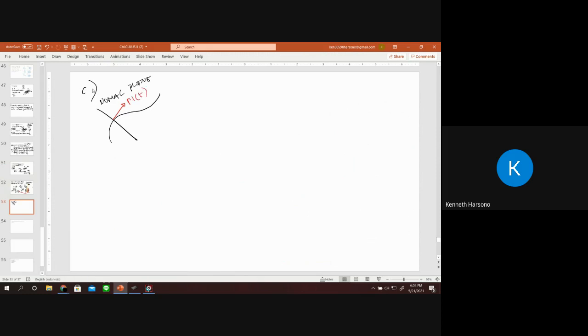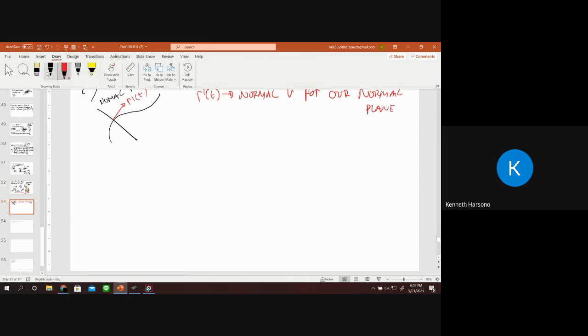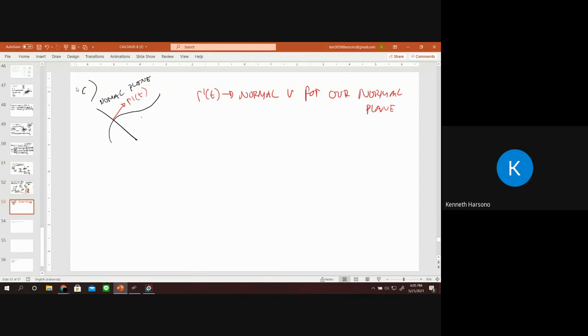So if you see here, then this r prime(1) is the normal vector for our normal plane. Okay, is it clear here?